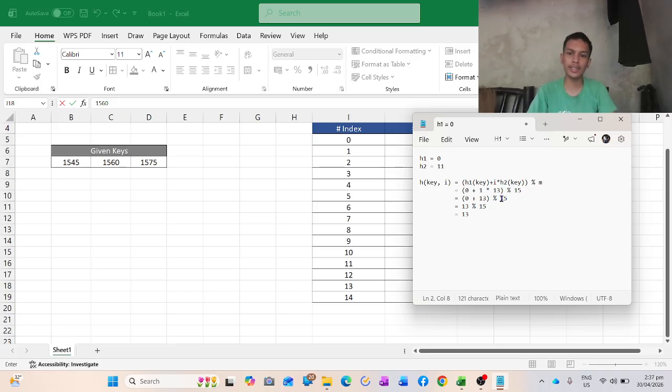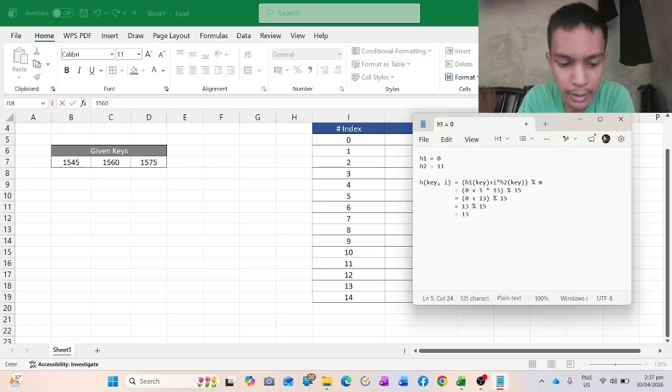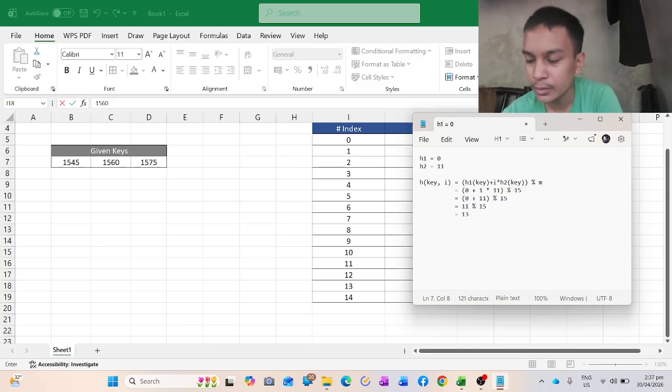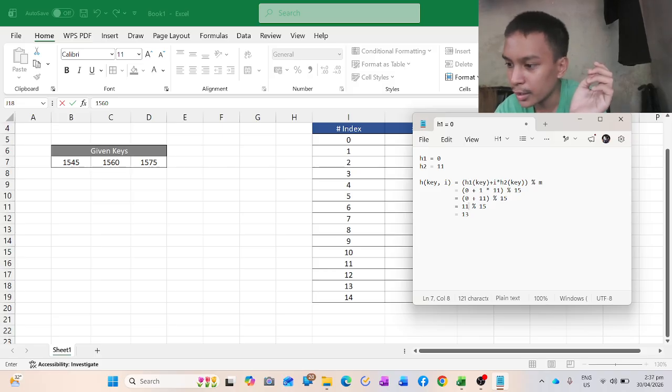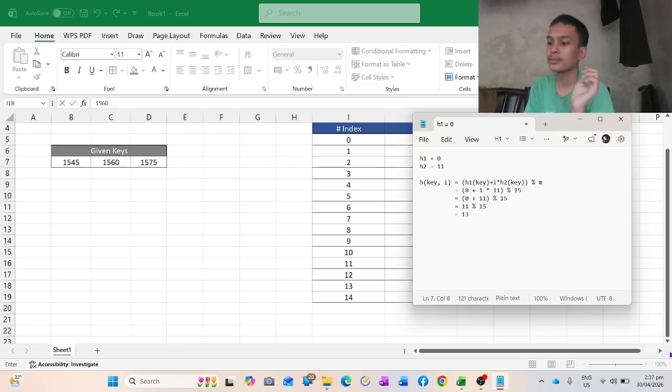Now we're going to compute this. 1 times 11 is 11. 0 plus 11 is 11. 11 modulo 15 is 11.